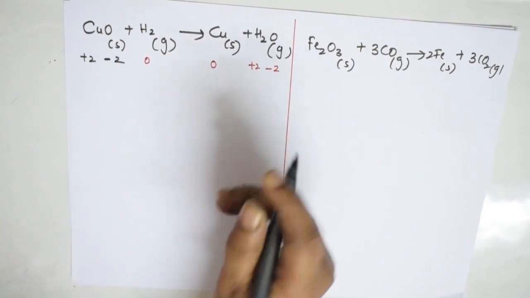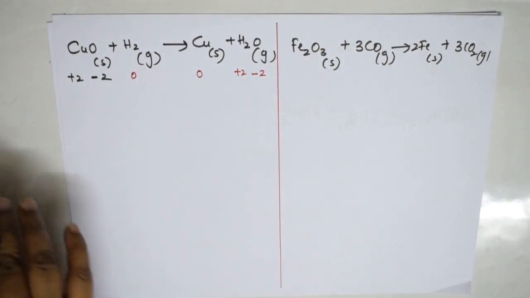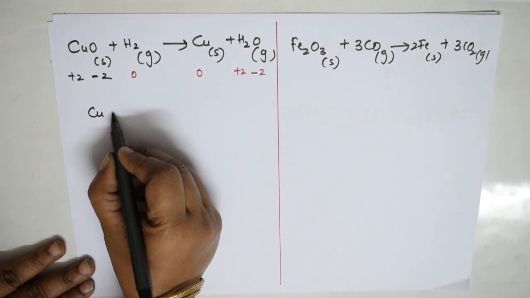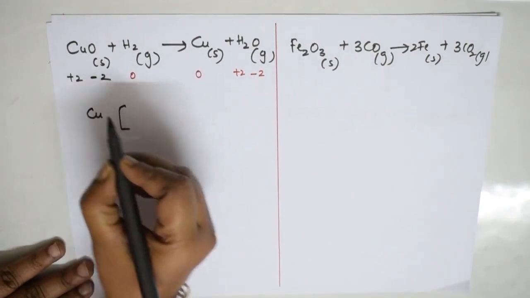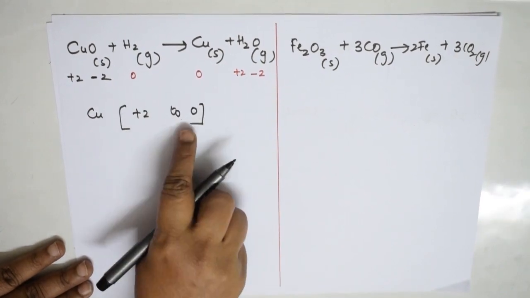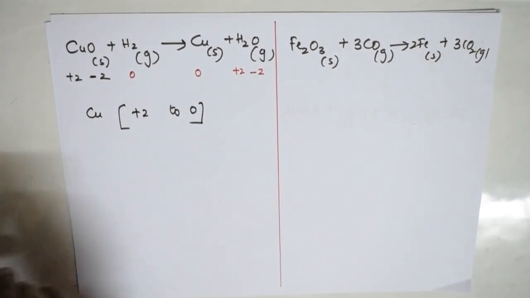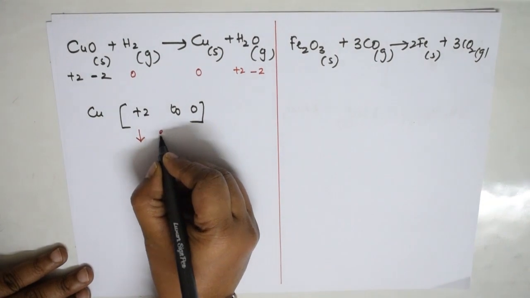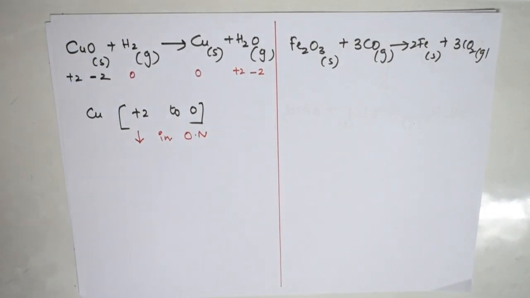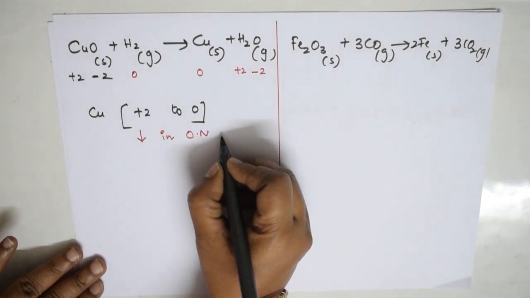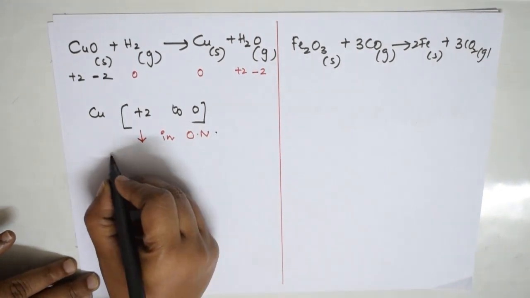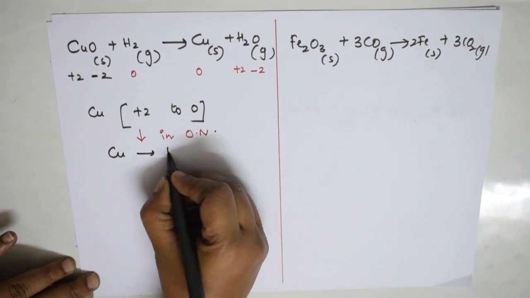So hydrogen is +2. What is happening in this case? Let us take copper. In copper oxide, from +2 it has gone to 0. So there is a decrease in oxidation number. Whenever there is a decrease in oxidation number, we say copper got reduced.